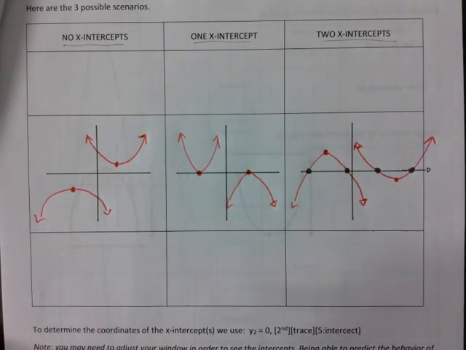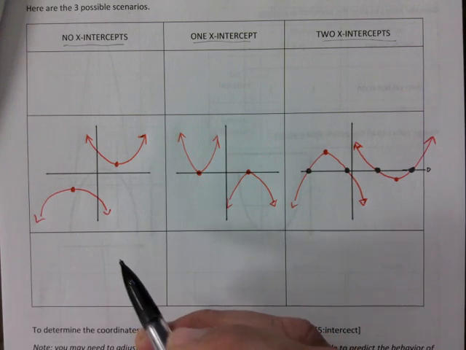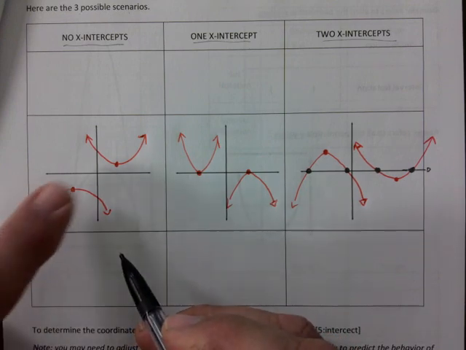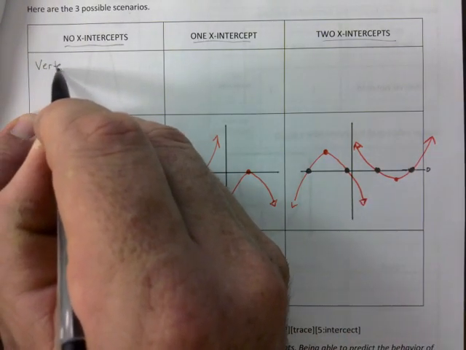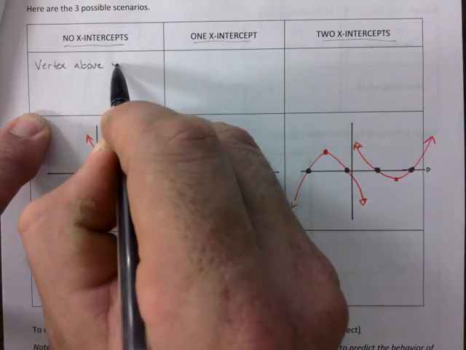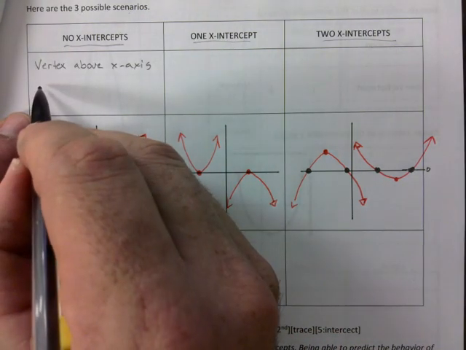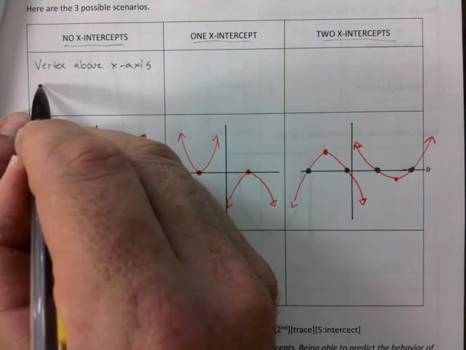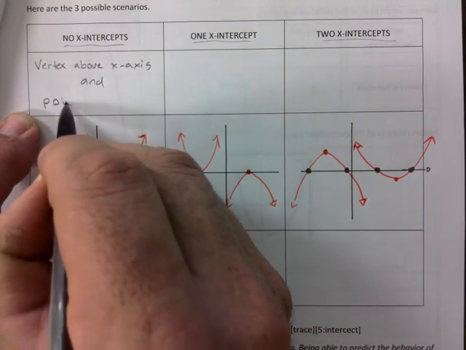And I'm just going to tell you, it always has to do with the vertex and which way it's pointing. So here, the vertex is above the x-axis and points up.